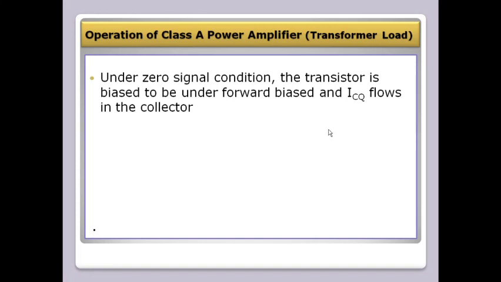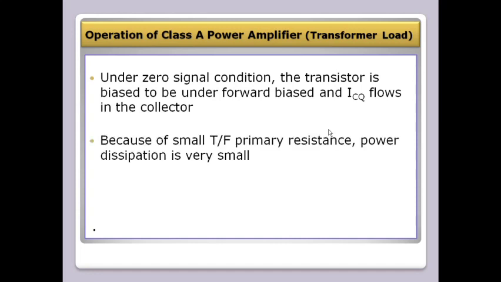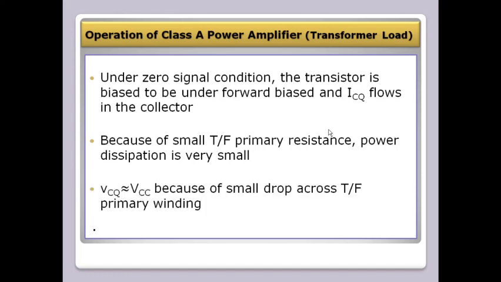Under the zero signal condition, the transistor is forward biased with the VCC supply, and ICQ, the quiescent current, flows in the collector. Because of the small transformer primary resistance, the power dissipation is very small here, and VCQ is approximately equal to VCC because there is no drop in the transformer primary.